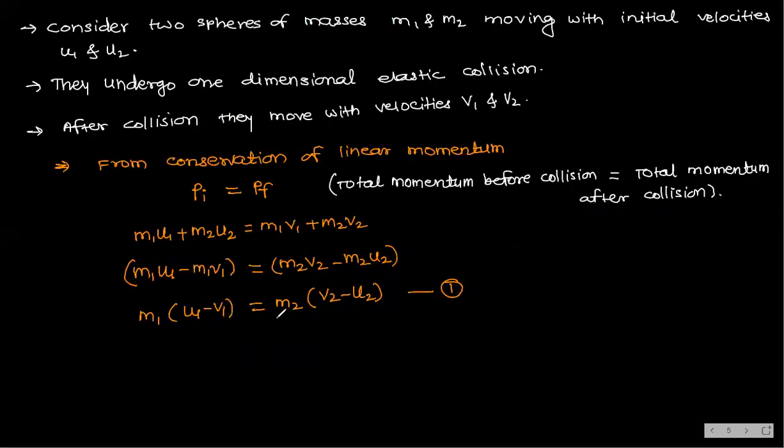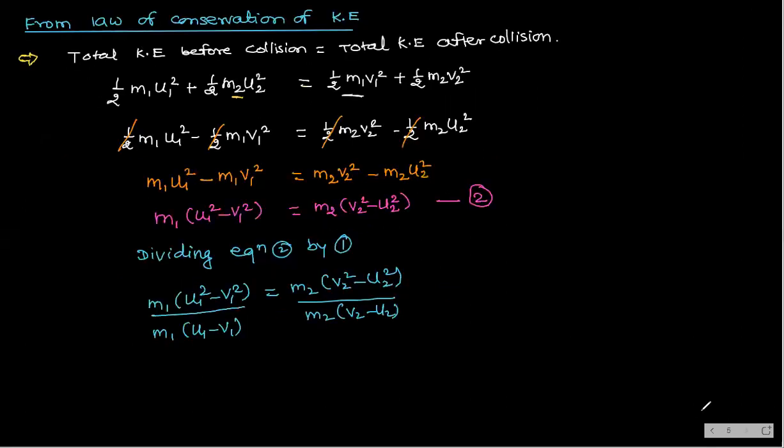Understood? Now m1 and m2 cancel, and using a square minus b square equals a plus b into a minus b, I am expanding this term.